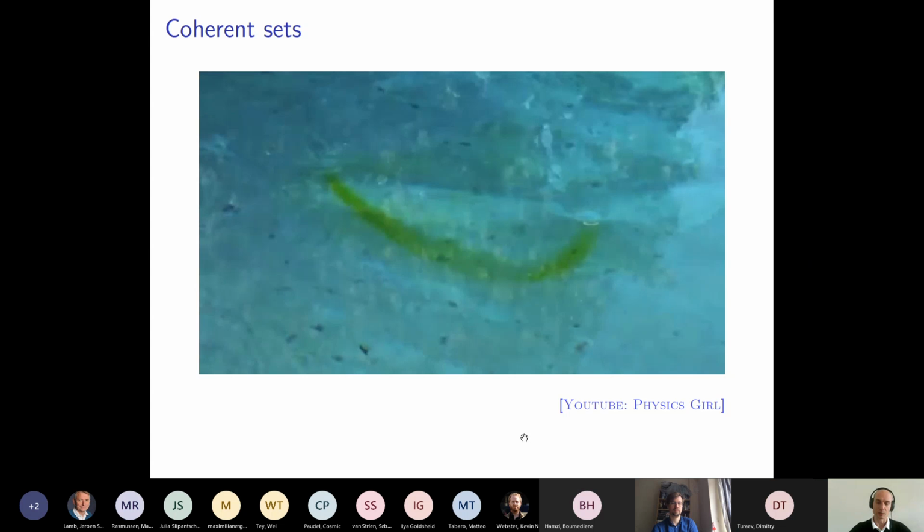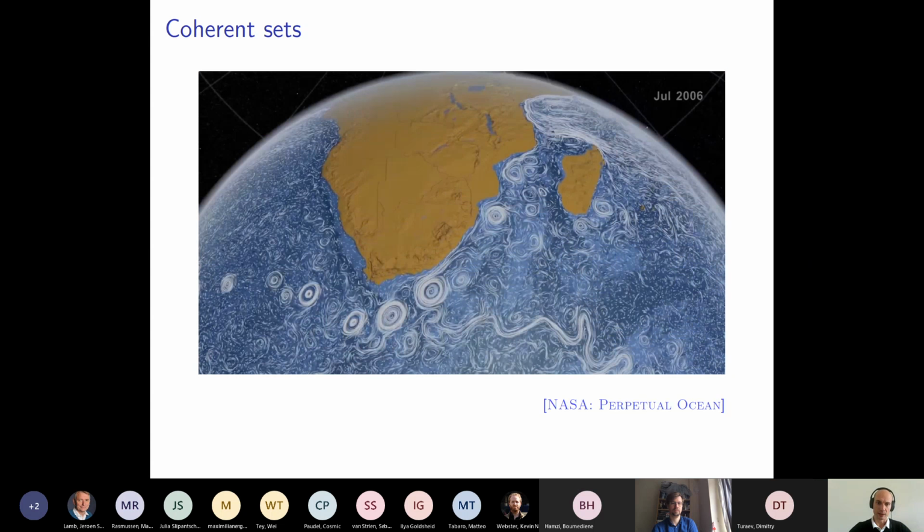And of course, one thing is playing in the pool, but we can scale things up, and these structures appear also on large scale in the atmosphere, in the ocean, and they can have a large impact on our climate, weather, and so on.